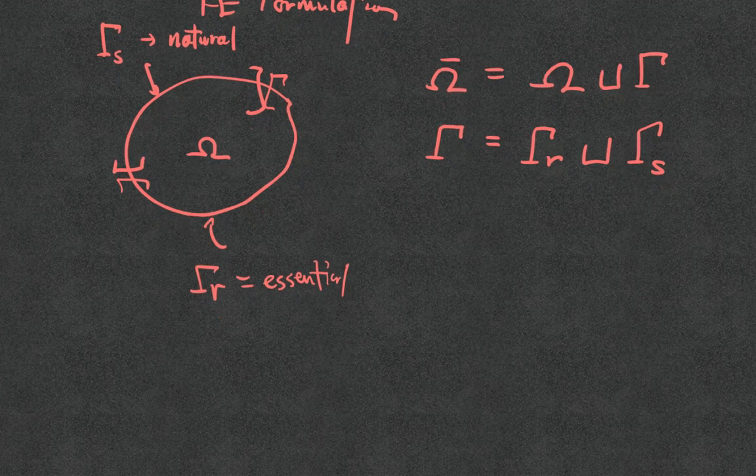Okay, one important property is that, and let me introduce something. You get a new set which has no element by looking at the overlap between the natural and essential boundary conditions. Does that make sense? What it means is that you cannot have portions of the boundary that are simultaneously prescribed by the Dirichlet boundary conditions and the von Neumann boundary conditions.